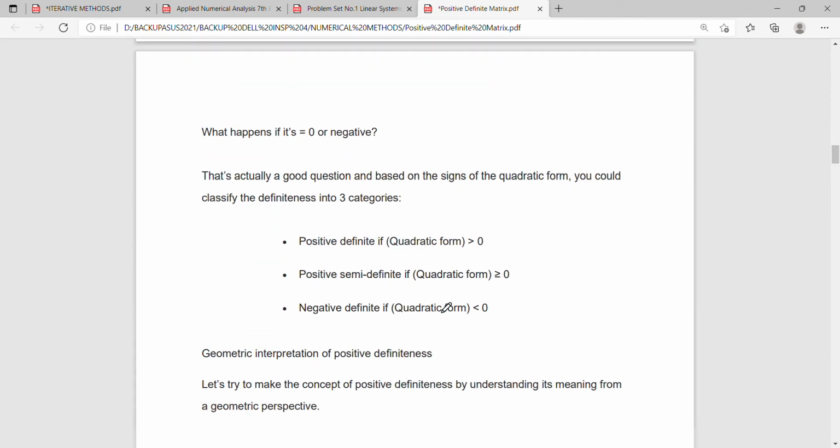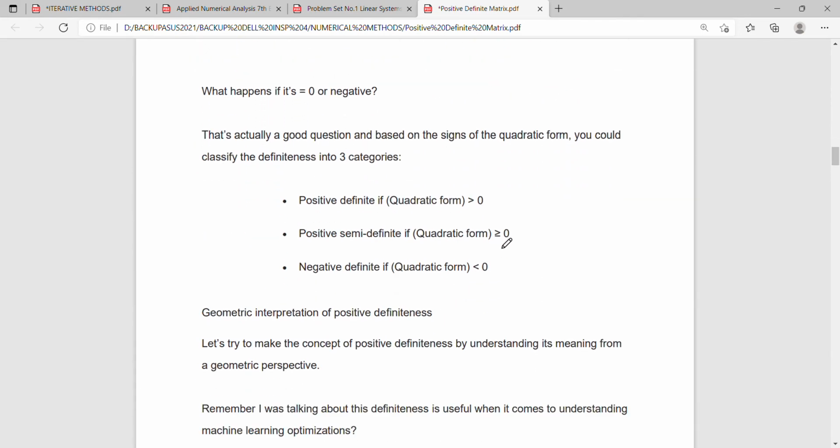If it is greater or equal to 0, then it is maybe positive semi-definite. And if it is less than 0, it is negative definite. There's a danger of divergence. There's a danger of triviality here. But here you are assured of a solution.